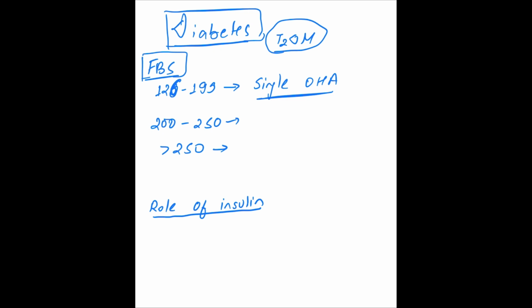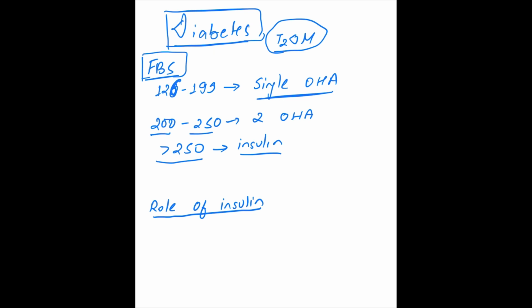Other oral OHA does not work there. In the 200 to 250 range, you will need two oral anti-hyperglycemic agents. If there is more than 250 of fasting blood sugar, then at that time you need insulin.